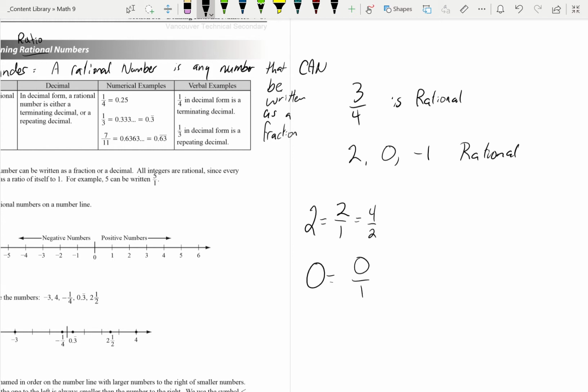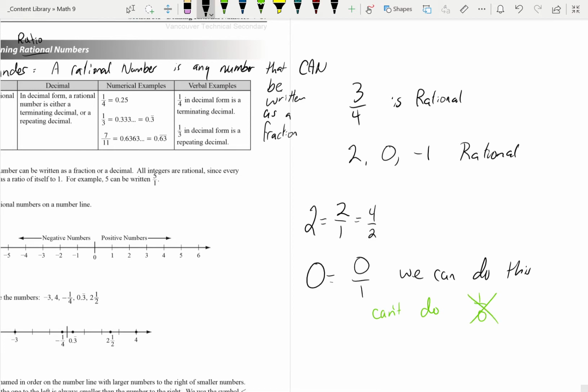Now, some of you might be a little bit worried about that statement because you may have heard that dividing by 0 is bad. But the key thing here is that we can do this, but we can't do this. That is what we mean by not dividing by 0.